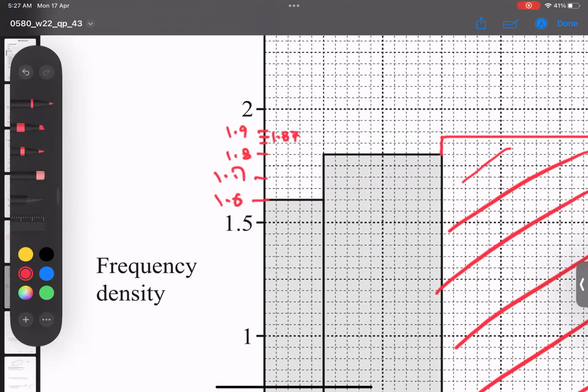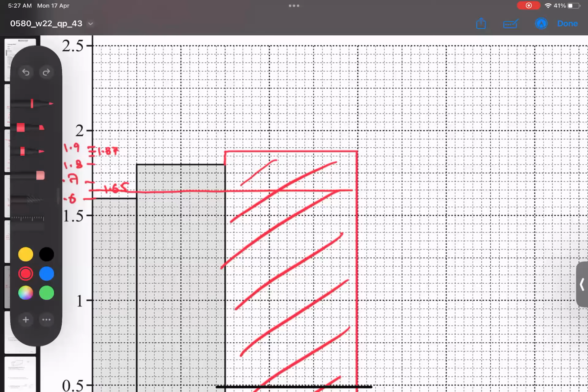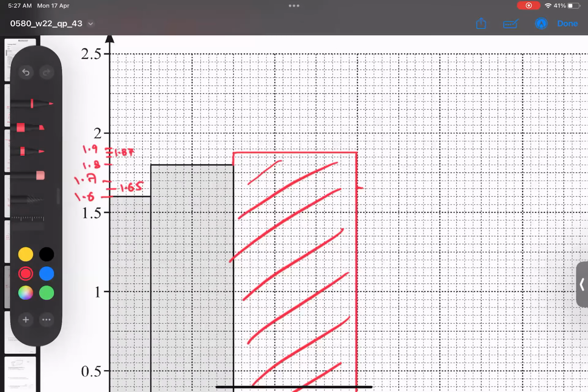This is 1.7. So 1.65 is somewhere here. You will do this working with the pencil and later on you can erase it or leave it, no problem. So let's stop here. I want to keep a point for me. A pointer, I took it.